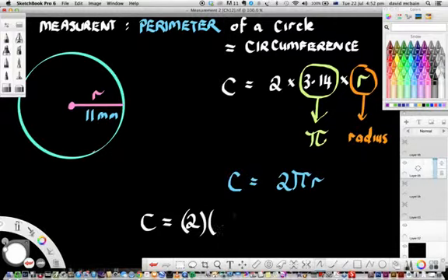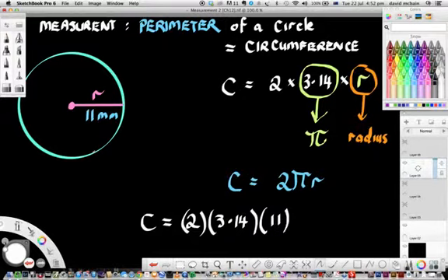Now remember, we're going to approximate pi as 3.14. So that's 2 times 3.14 times the radius of the circle. And in this case, the radius of the circle is 11 millimeters. So I'll just write 11 in there.